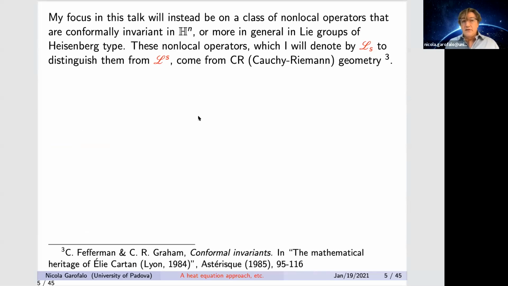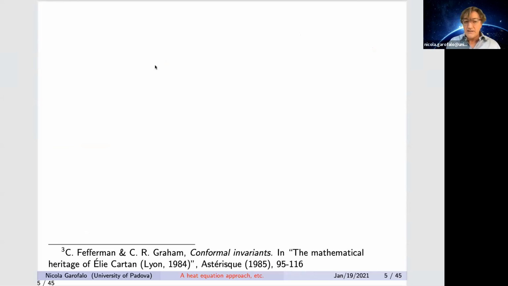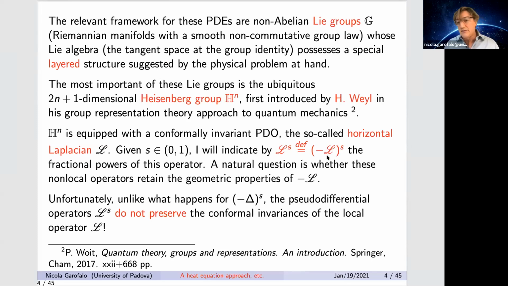So the non-local operators that I will be interested in will be denoted by L lower s, as opposed to L upper s, which denotes instead the fractional powers of the horizontal Laplacian.